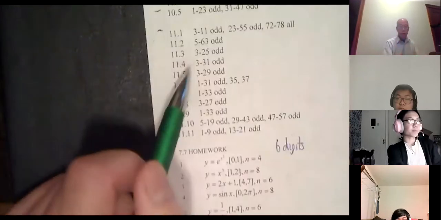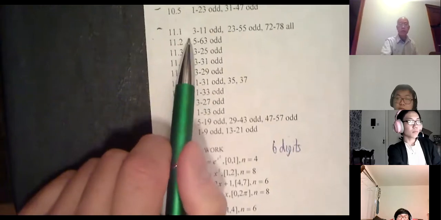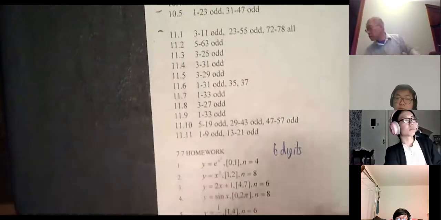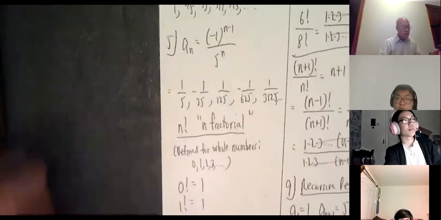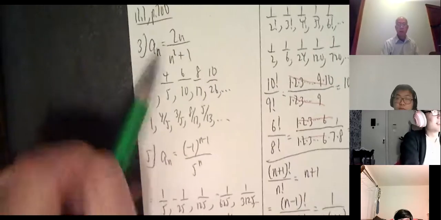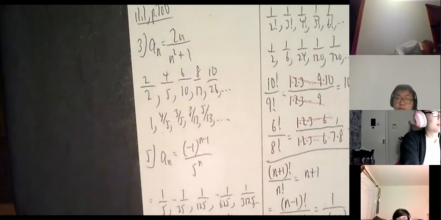So 11.1 is the homework. Of course, this will not be covered on next Tuesday's exam. This is going to be for our last exam. So 11.1, again, don't be surprised if my numbers don't match yours. You're still learning the stuff. I might peek over once in a while and see if it's the same.